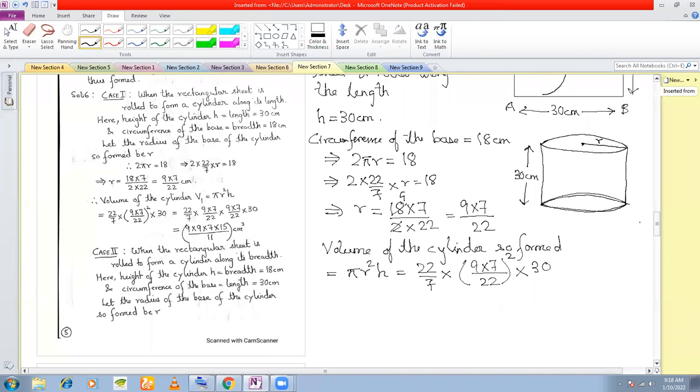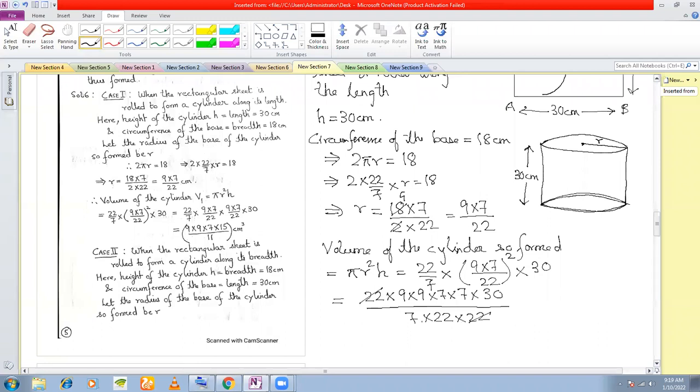So what are we getting here? We are getting 22 into 9 into 9 into 7 into 7 into 30 divided by 7 into 22 into 22. That is what we are getting here. Now certain things are going to cancel here.